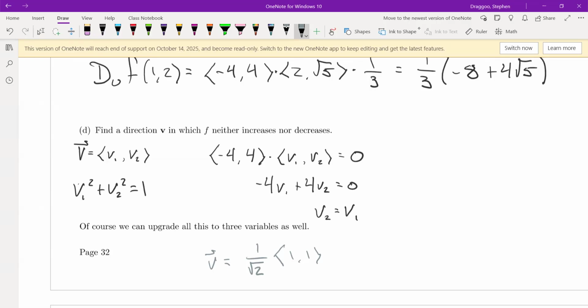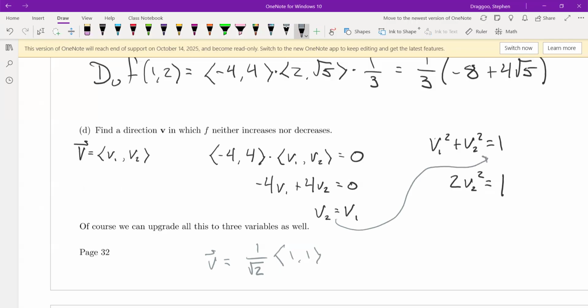If v1 and v2 are equal, that really means I have 2v2 squared is equal to 1. If I come back to my magnitude equation, I'm going to plug in right there, right into that equation. v2 and v1 are equal. That means 2 times v squared is 1.